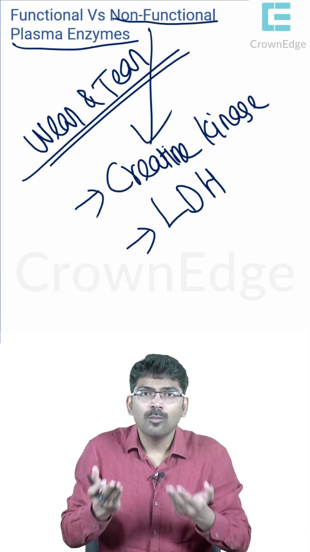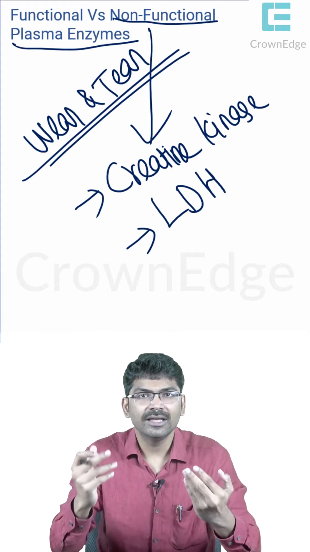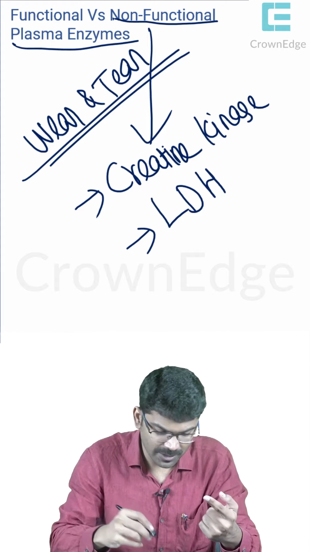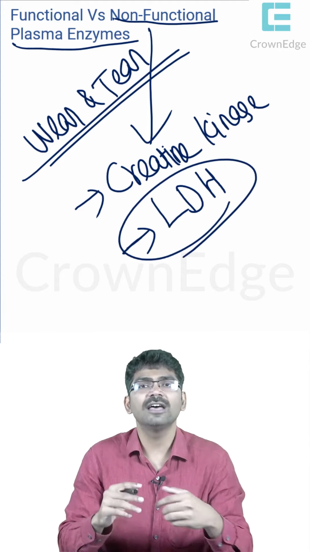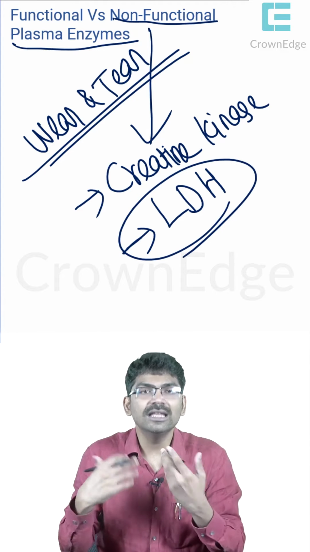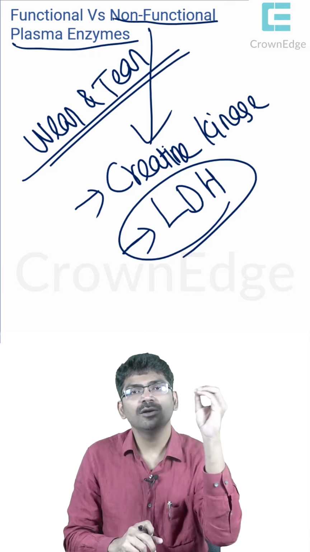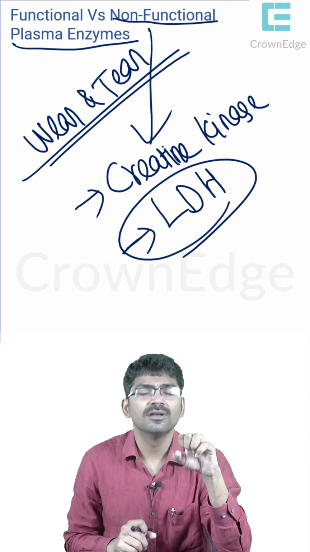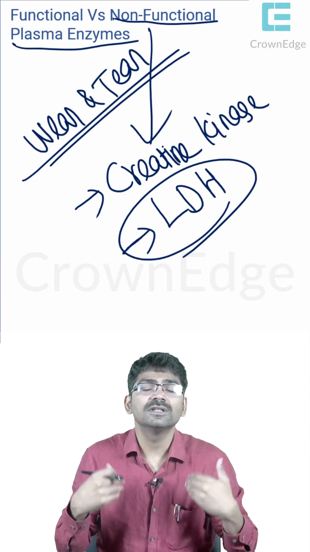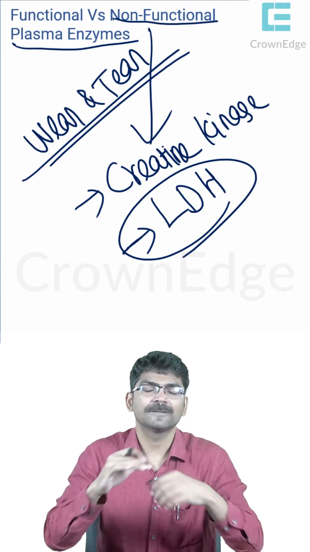There will be more creatine kinase. Are you getting my point? Whenever there is hemolytic anemia, what will happen? There will be more LDH. So we are going to use these non-functional plasma enzymes in diagnosing certain diseases.